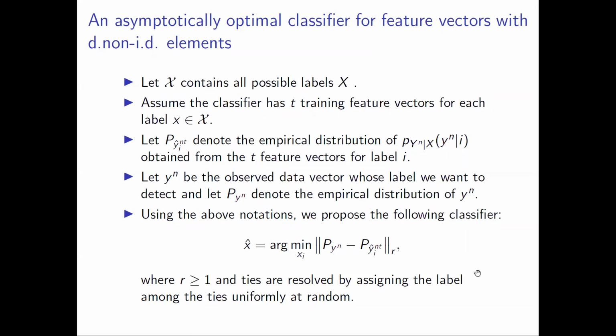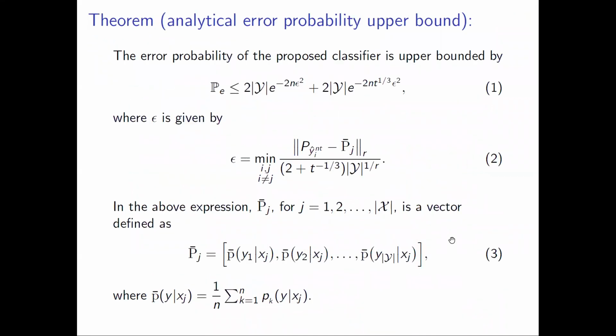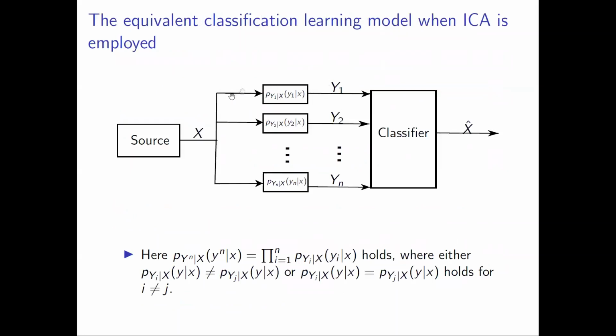Okay, so it's not some complicated classifier, but for this classifier we are able to provide a theorem. So we are able to provide an analytical upper bound on its error probability. So why is this important? It is important because we now show that this problem is analytically tractable.